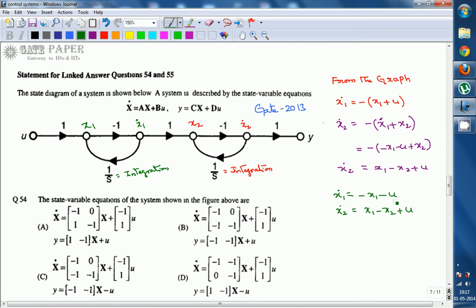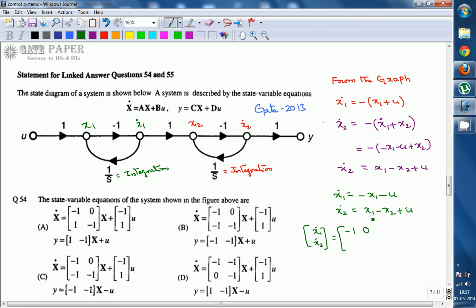So we have the two algebraic equations, so we can write this in matrix form as given in the options. Taking x1 dot and x2 dot as the column matrix, for x1 dot we have minus 1 for x1 and no x2, so 0.